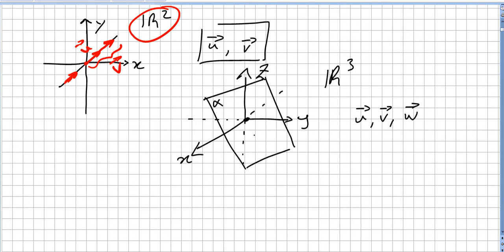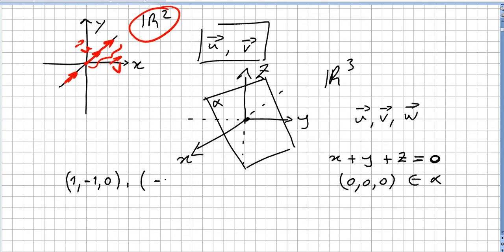Let us say the equation for this plane is, I don't know, x plus y plus z equals 0. So vector 0, 0, 0 is here, right? So the plane crosses the origin. So any three vectors, let us say three vectors here, 1, minus 1, 0, minus 1, 1, 0, 1, 0, minus 1.